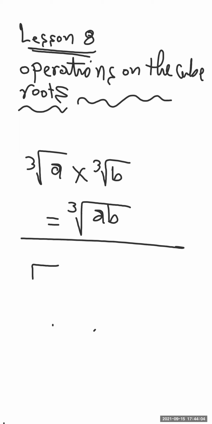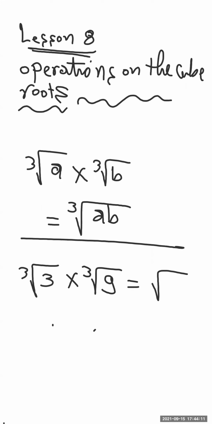So if there is a cubic root of 3 times the cubic root of 9, it will equal cubic root of 27, which is 3 times 9. Okay, cubic root of 27, it will equal 3.